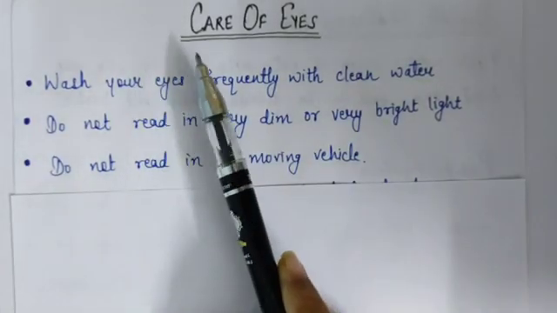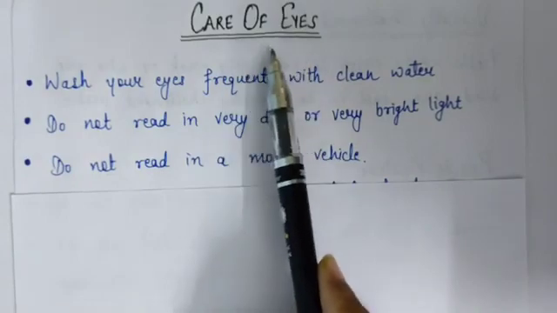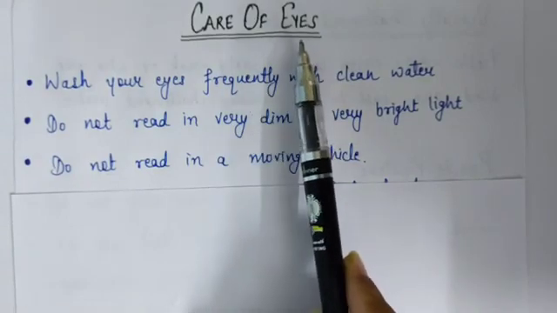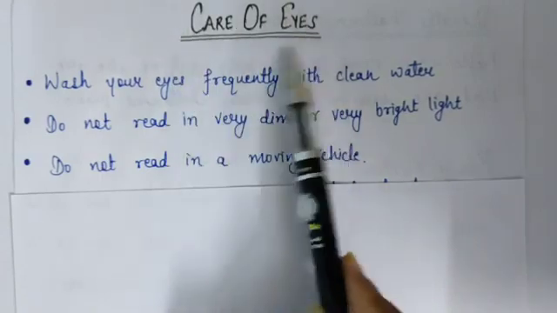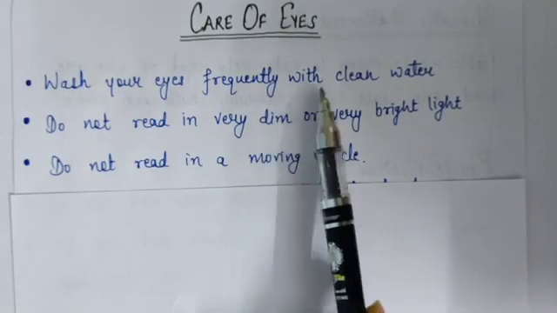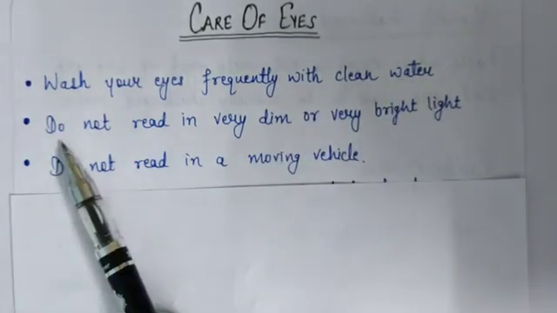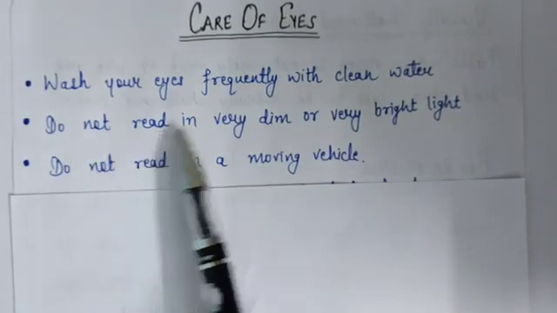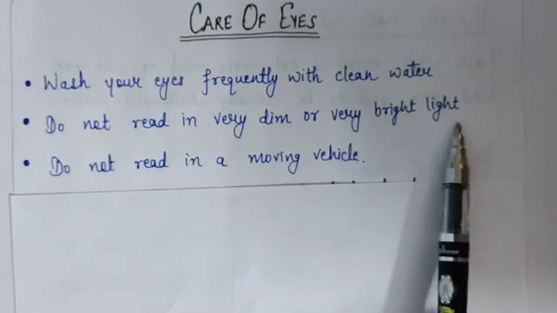So students, we know that eyes are very important for us. It is a very important organ, so we should care for our eyes. But how can we care for our eyes? First is wash your eyes frequently with clean water. Second is do not read in very dim or very bright light.